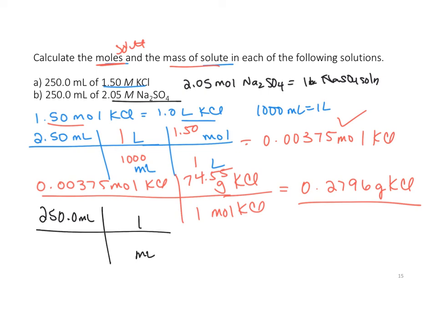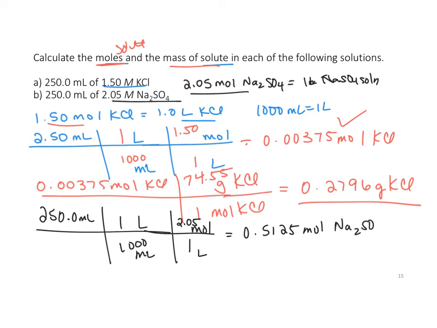You gotta go from milliliter to liter, and you go liter to mole. And so 1,000 milliliters for 1 liter, and then we have our conversion factor here. For 1 liter solution, we have 2.05 mole. So 250 divided by 1,000 times 2.05. 0.5125 mole of sodium sulfate.